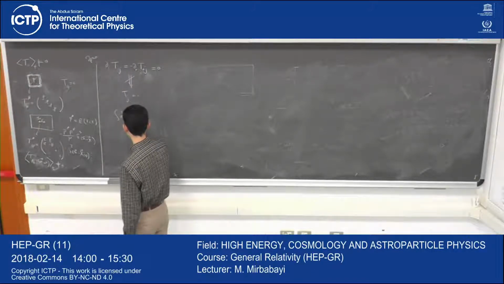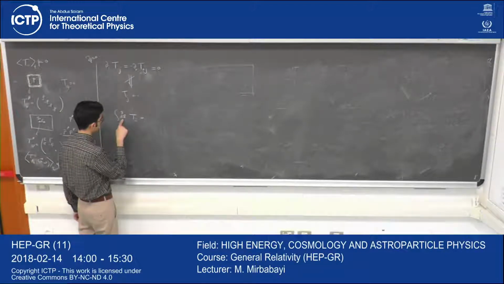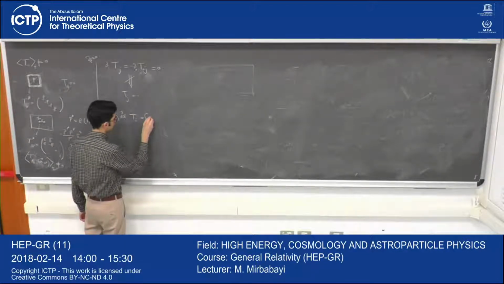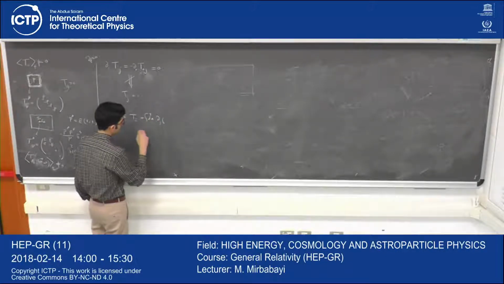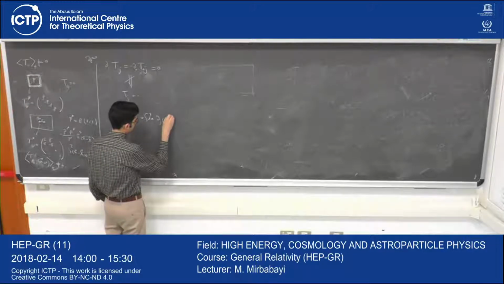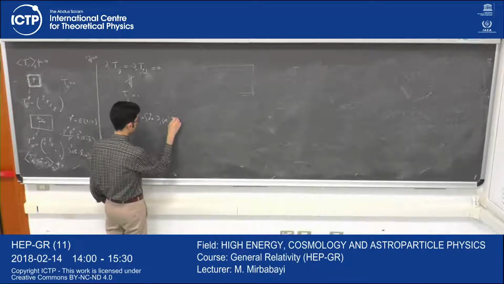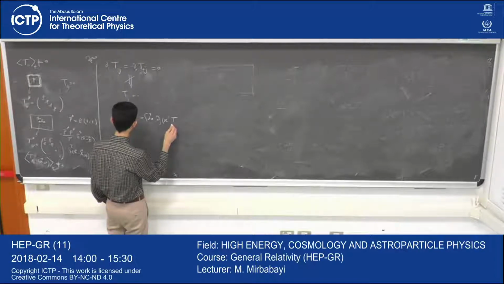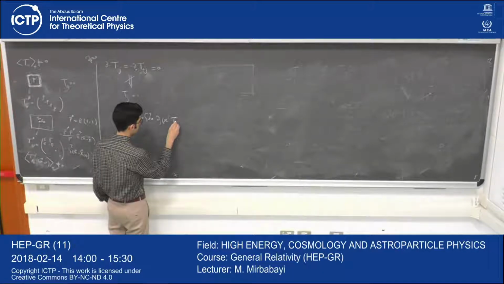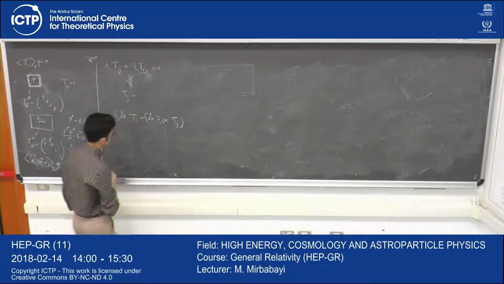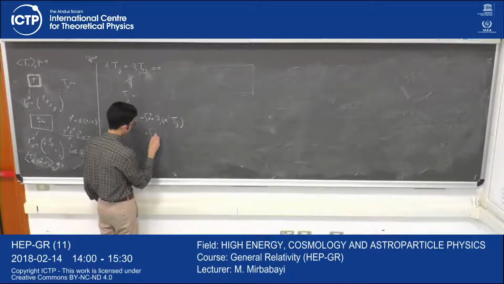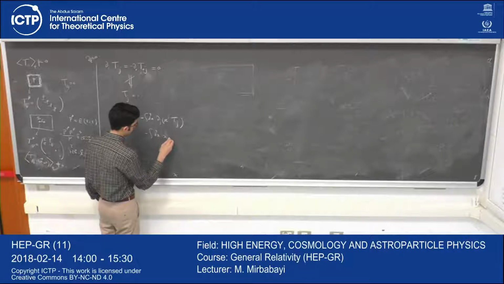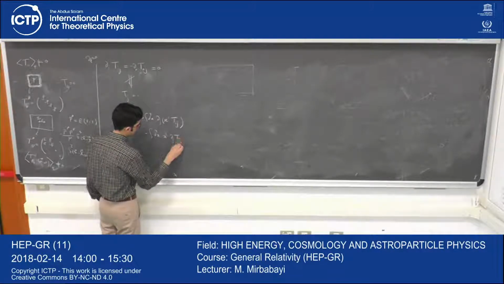So the reason is that this T^{ii} can be written as the integral d³x ∂_j of (x^i T^{ij}) minus the integral d³x x^i ∂_j T^{ij}.